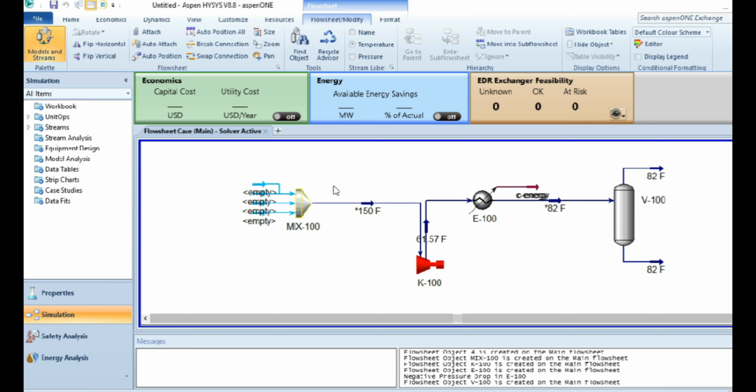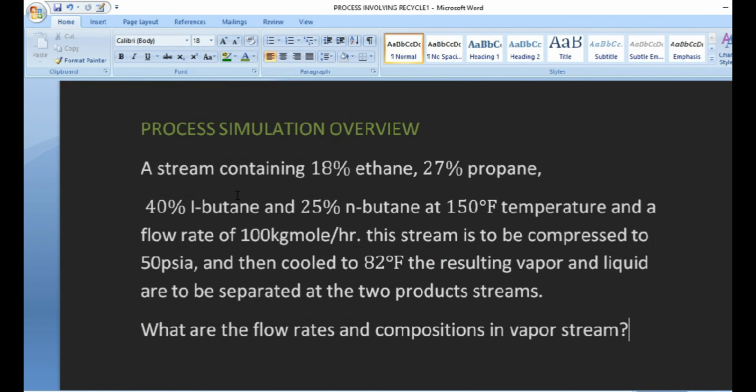Automatically it will come up with the temperature at each unit or at each stream. Initially I have 150 degrees Fahrenheit. Here I have 82. If you recall from the question, I have a temperature of 150, then 82 when it is cooled, and then the pressure to be 50 psi.